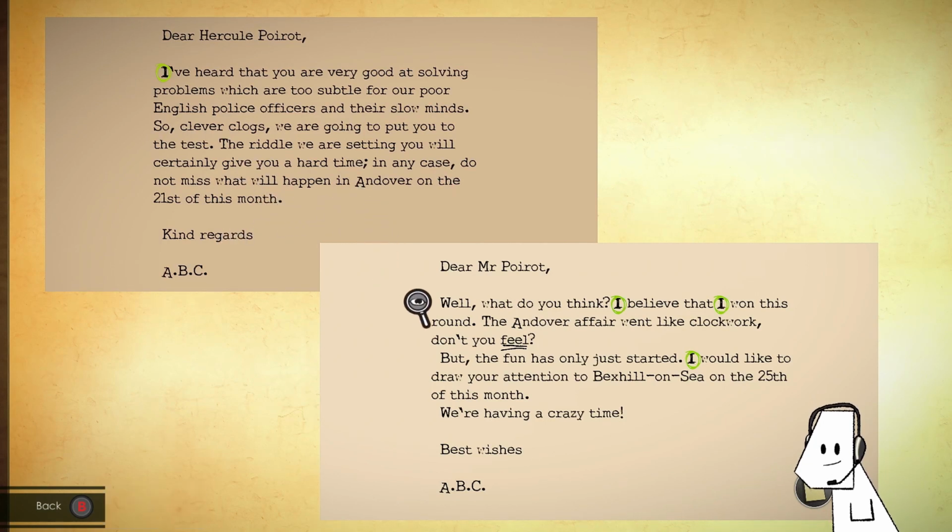Okay, so don't you feel? Is there anything similar? I was trying to highlight Andover because the A is a bit weird. Can I cancel that?